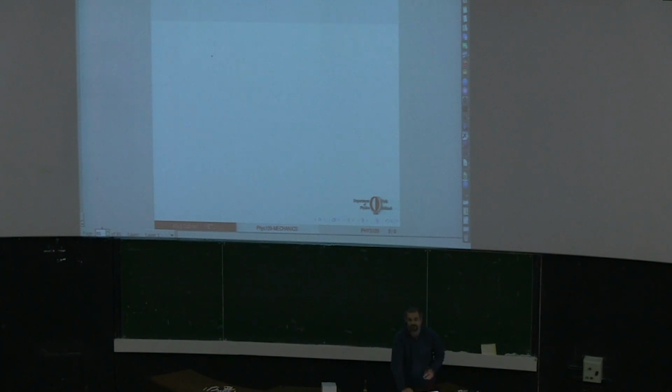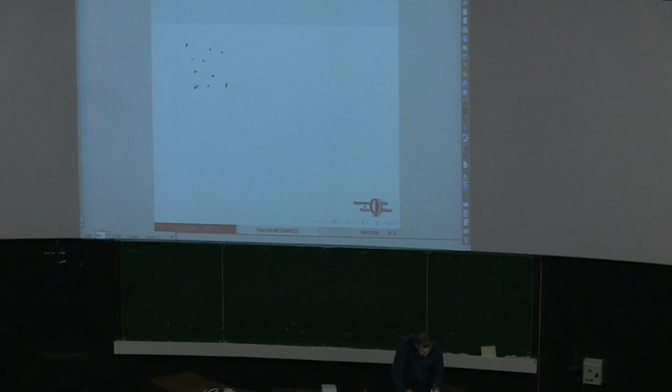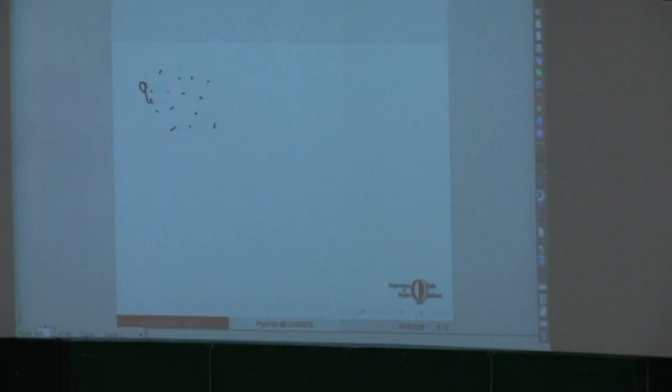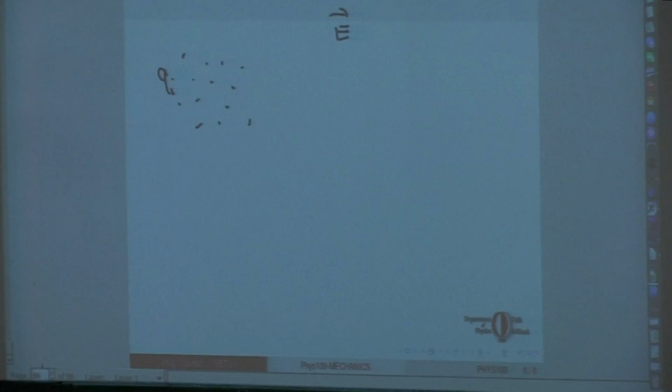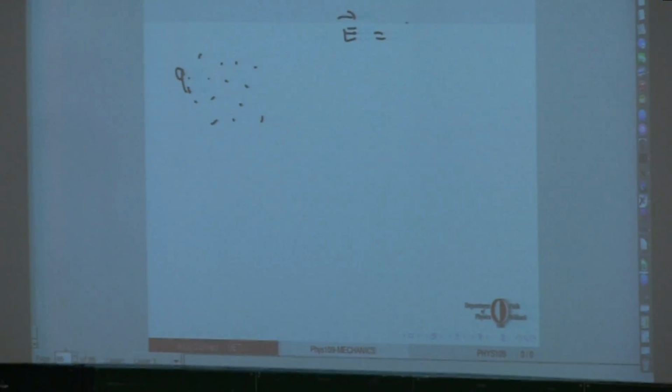Now let's consider another case where we don't have a single point charge, but many of them, Qi. Then I know that the total electric field will be nothing but the sum of the electric fields created by each one of these point charges.